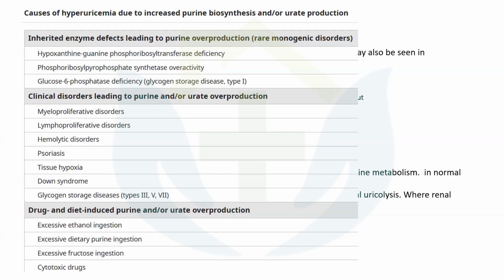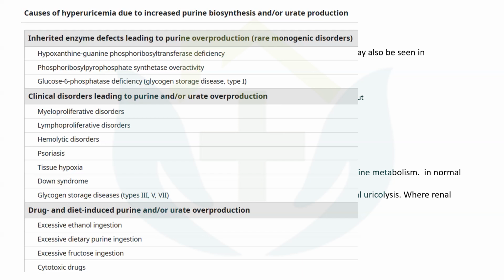There are other causes where more cell destruction or cell turnover is happening. In those cases uric acid will also be high, like in any myeloproliferative disorder, lymphoproliferative disorder, even hemolytic disorder where cell lysis is happening, and in psoriasis. Also with some drugs, basically cytotoxic drugs, where cell lysis is happening.